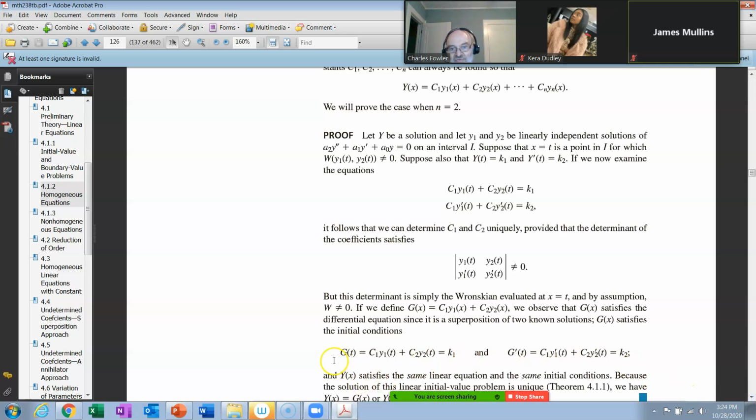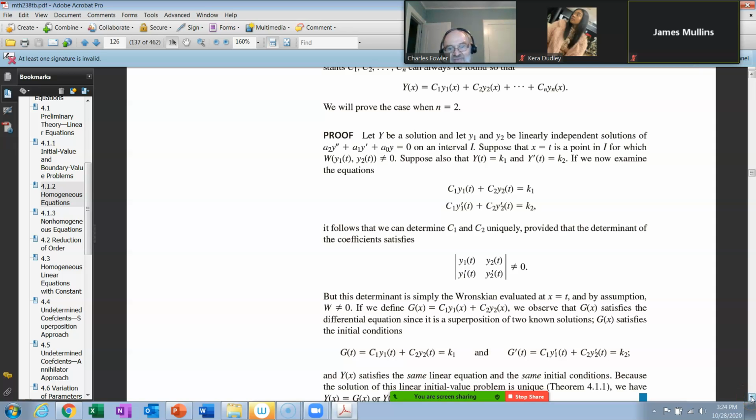So g of t, c1 y1 of t plus c2 y2 of t equals k1, that's this function, and g prime of t, c1 y1 prime of t plus c2 y2 prime of t, those are our solutions. And with that being the case, they have to be a unique solution. That's basically what they're getting down to.